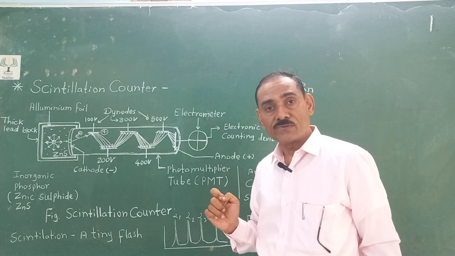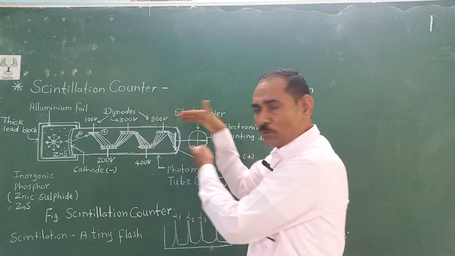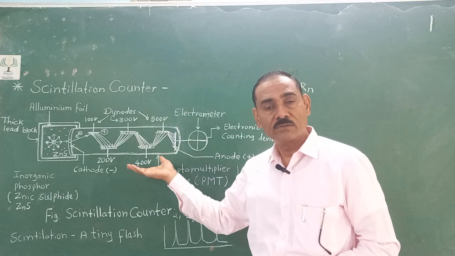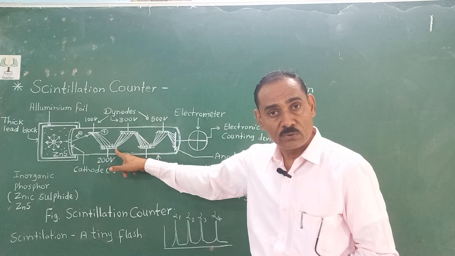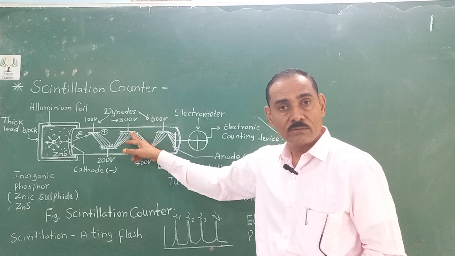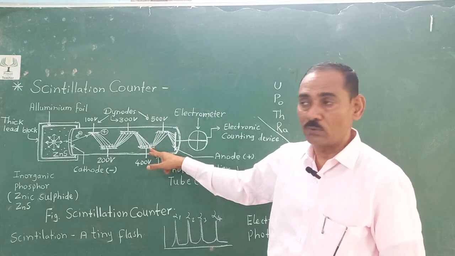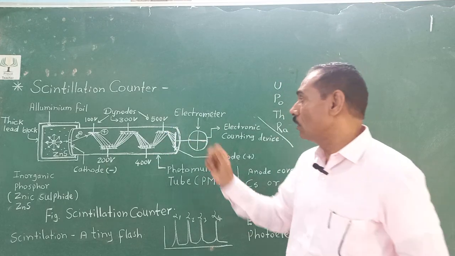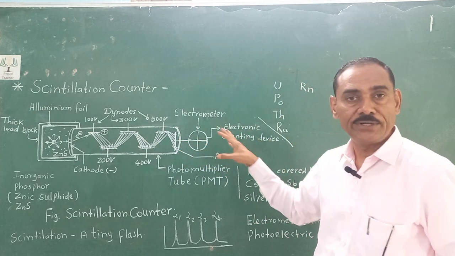Then those 10 electrons get attracted towards the third diode because the potential is applied in increasing order, and each electron multiplies 10 times, so 100 electrons are emitted from the second diode, which fall on the third diode, and multiplied by 10 means 1000 electrons are created here, which get accelerated and fall on the fourth diode, and in this way 10,000 electrons are created, which get attracted towards the fifth diode and finally get collected on the last diode and the electron counting device.